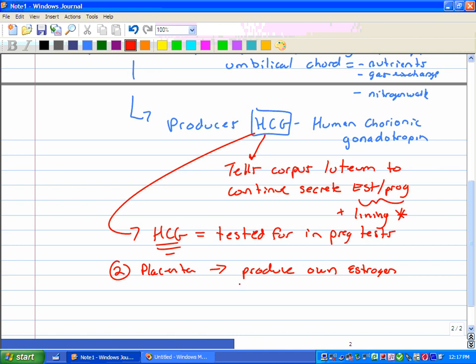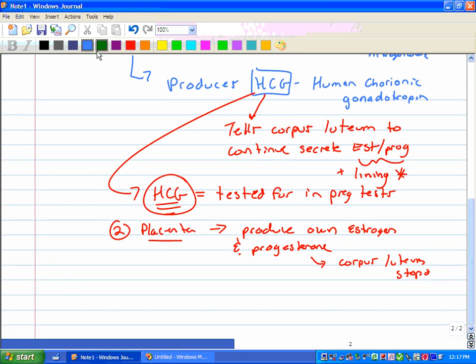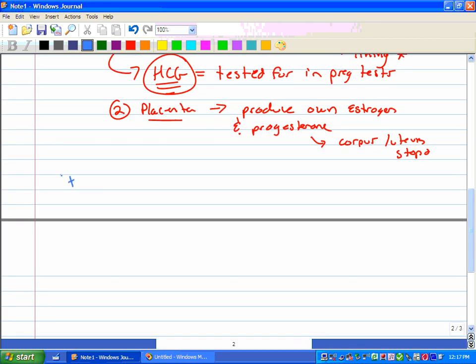And after a little while, I'm not sure of the exact timeline, once the placenta is mature enough to develop its own, then the corpus luteum stops. So it pretty much just secretes this until the placenta is ready to be able to produce estrogen and progesterone on its own. Okay, the last thing we're going to talk about is a positive feedback loop.